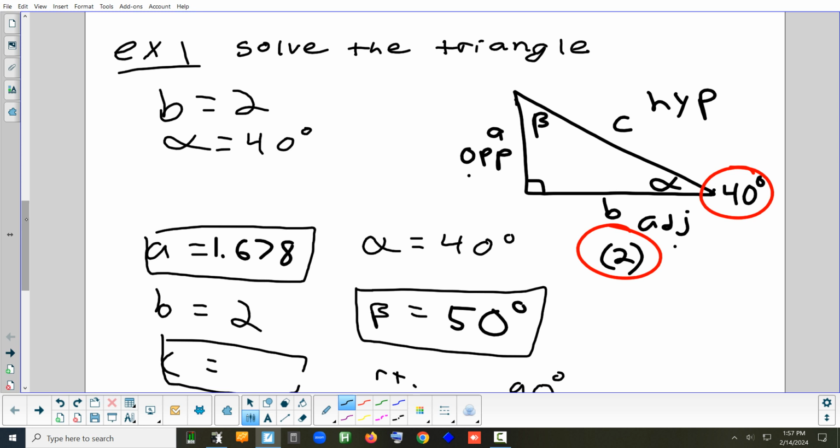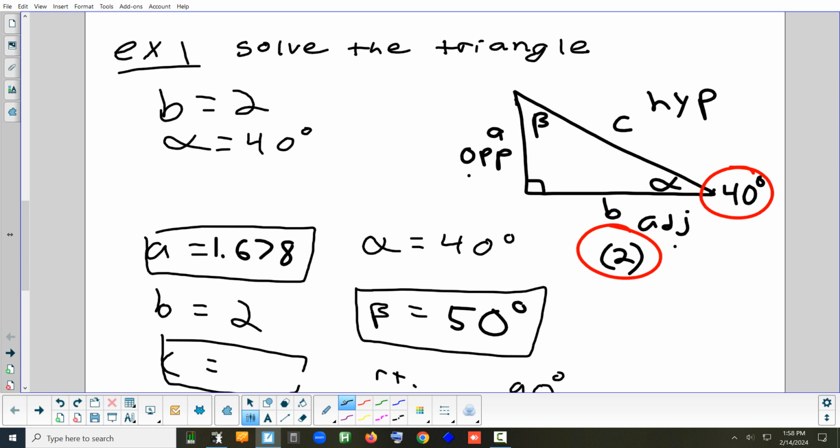So let's find C, the same way we found A. What's the name of the side that we already know? The side that was given, 2. That's side B. And the position of it? Adjacent.